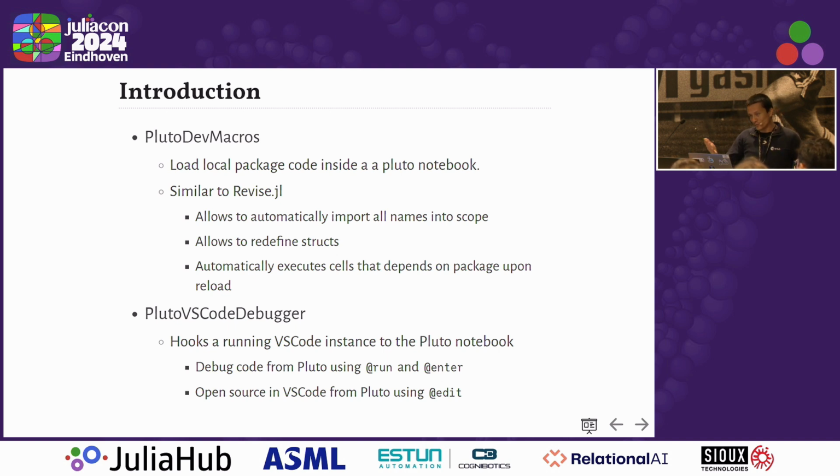It allows, thanks to Pluto, to redefine structs, which is a very big pain point in the early stage of development when you are iterating on your types. And then the very nice thing, again thanks to Pluto, is that whenever you reload your code, everything that depends on it is re-executed. While you're waiting, you save your file, and if you don't have very long-running stuff, it's nice to be able to just scroll down in the notebook and see the impact of the change you just made to your code.